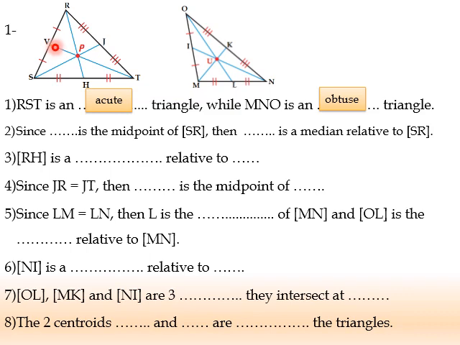Now, let's see RT. Given that RJ equals JT, then J is the midpoint of RT. And since SJ is a segment issued from vertex S to the midpoint J of its opposite side RT, SJ is the second median.